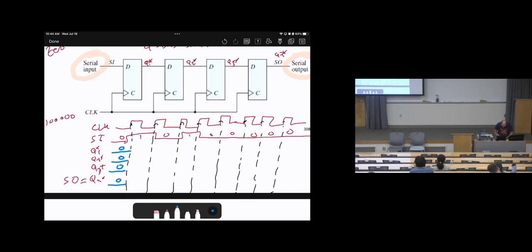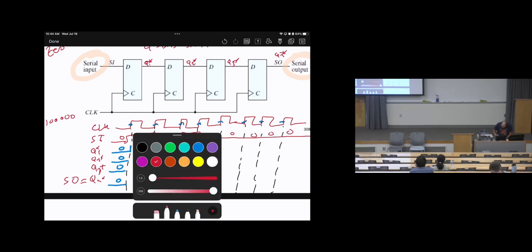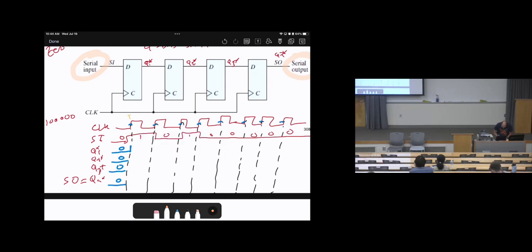Now let's follow with Q1. Q1 is the same as D, but the update happens at the trigger edge, right? So at the trigger edge there will be an update. Let me call them T0, T1, T2, T3, T4, T5, T6, T7. At T0, it will be 1, right?